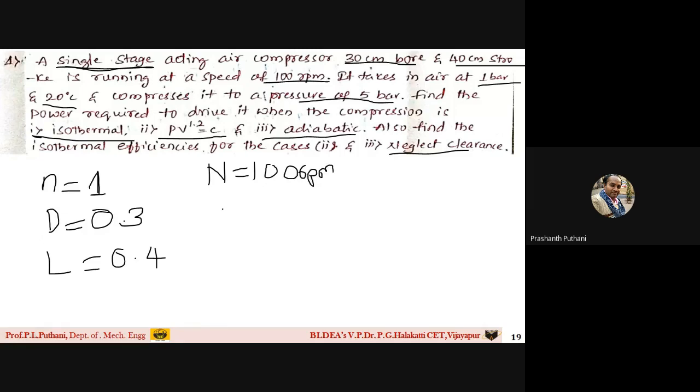Then pressure inlet P1 is equal to 1 bar. 1 bar is equal to how much kilopascal, students? Or how much pascal?